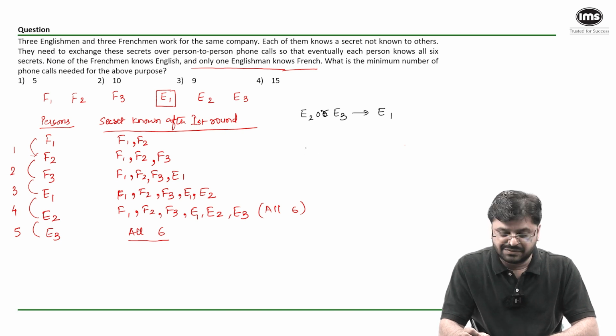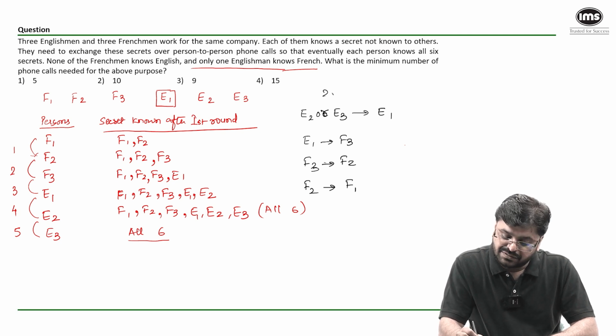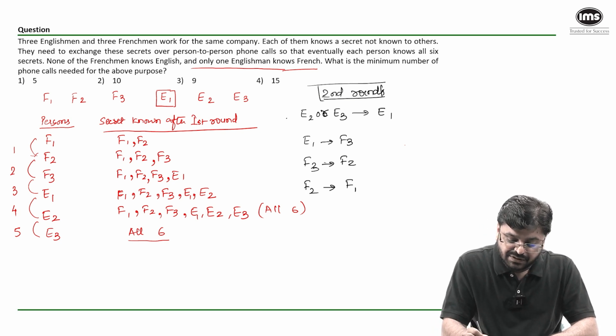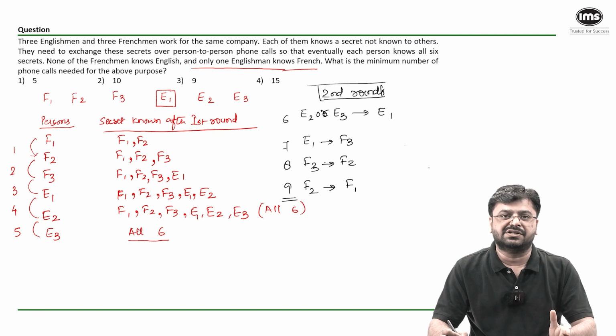So E1 will be calling F3, then F3 will be calling F2, and then F2 will be calling F1, and that is how in the second round everyone will know each other's secrets. So the number of calls will be 6, 7, 8 and 9. So in a minimum of 9 calls, they can exchange all 6 secrets.